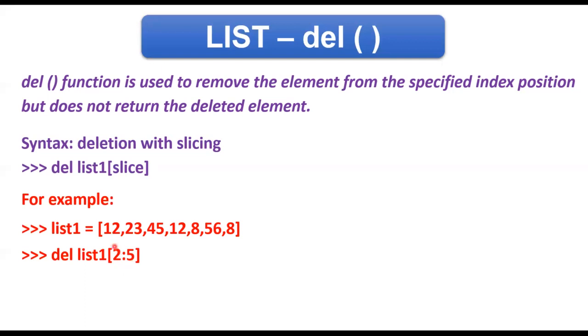So what is my second location? 0, 1, 2. Starting from 45 till 8, we are going to remove the elements. And this is a sequence, a range of elements basically. So my print function will return me this modified list, not having these three elements inside it, because these three elements are already removed by this statement.